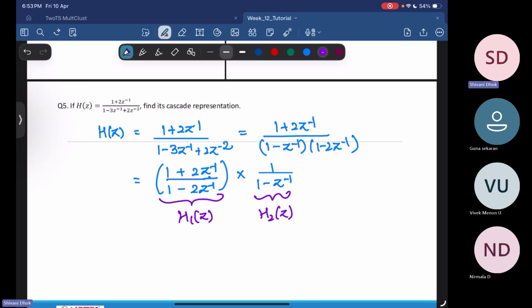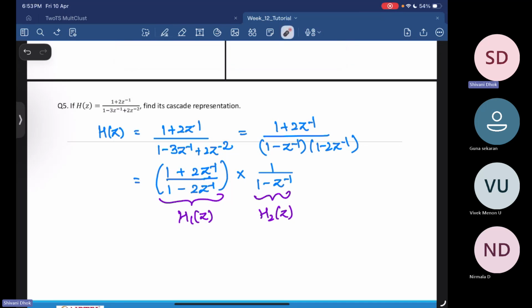Okay, why are we looking into this cascaded and parallel form representation? Many times what happens is you have small blocks of systems available. So let's say you have a block of system available or manufactured which has this particular transfer function, and you have another one with this transfer function.